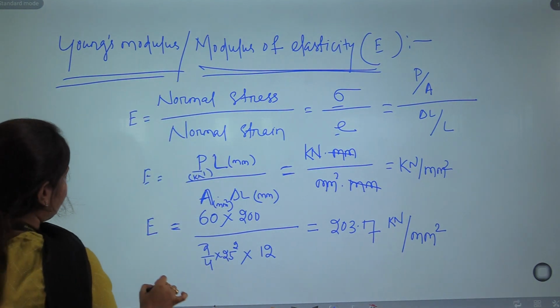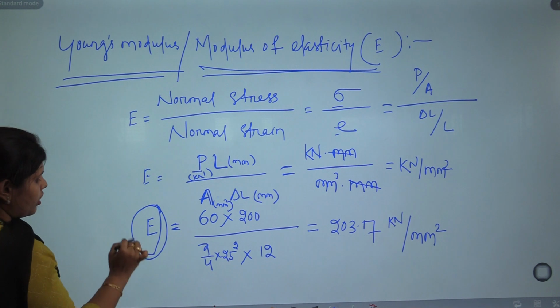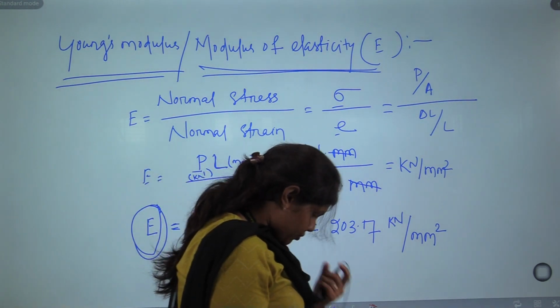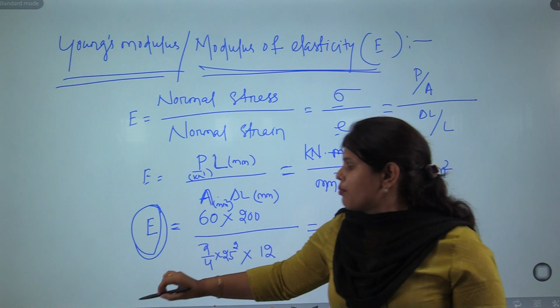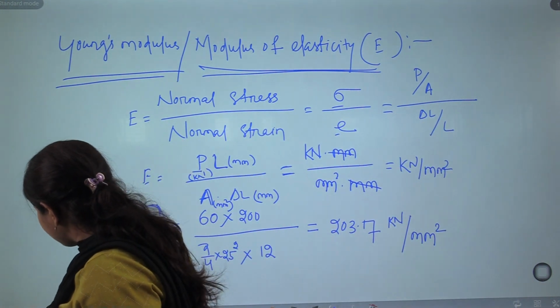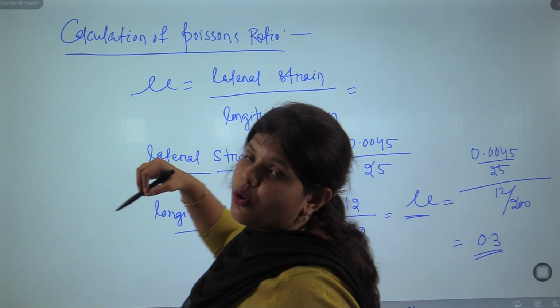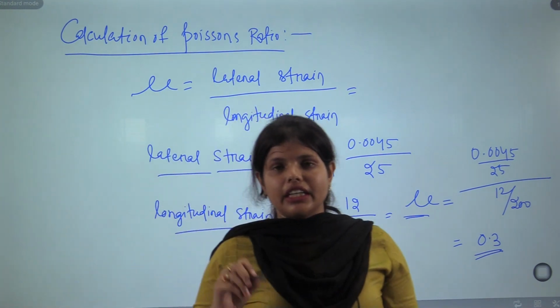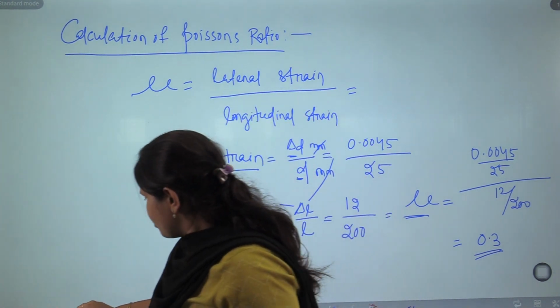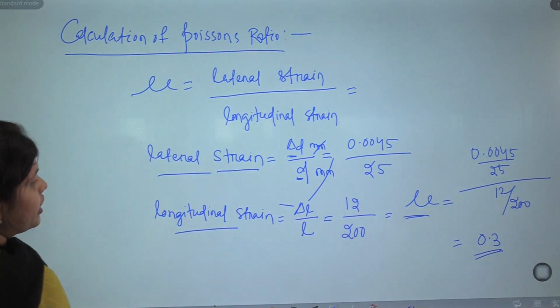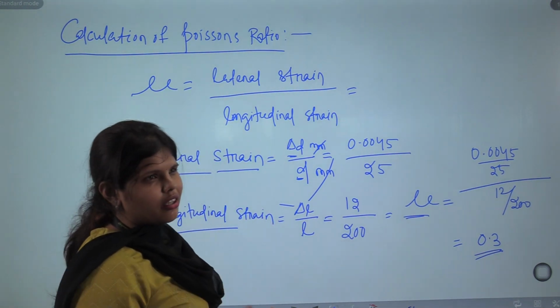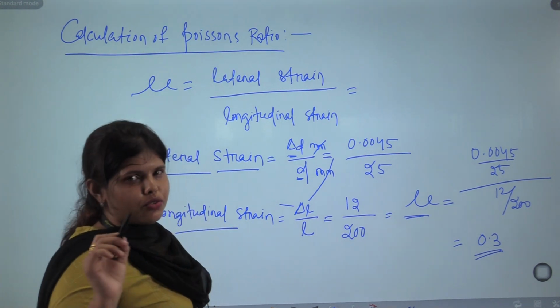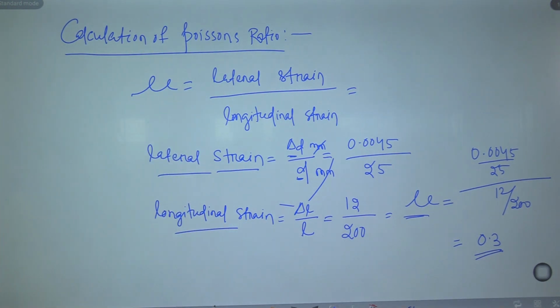So, we have the E and mu values. In the previous video we got the relation between E, mu, G and K. So, from that we can calculate G and K by using the E and mu values.